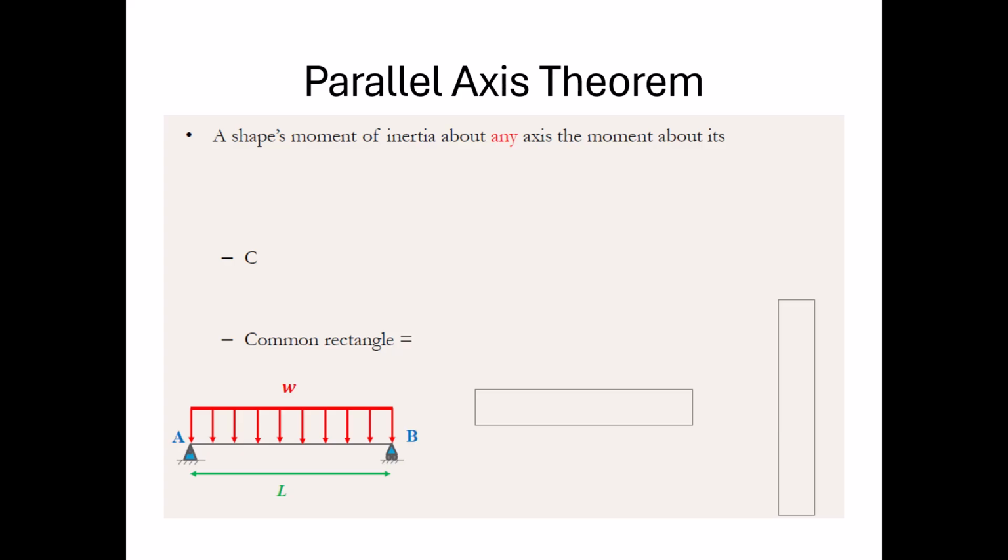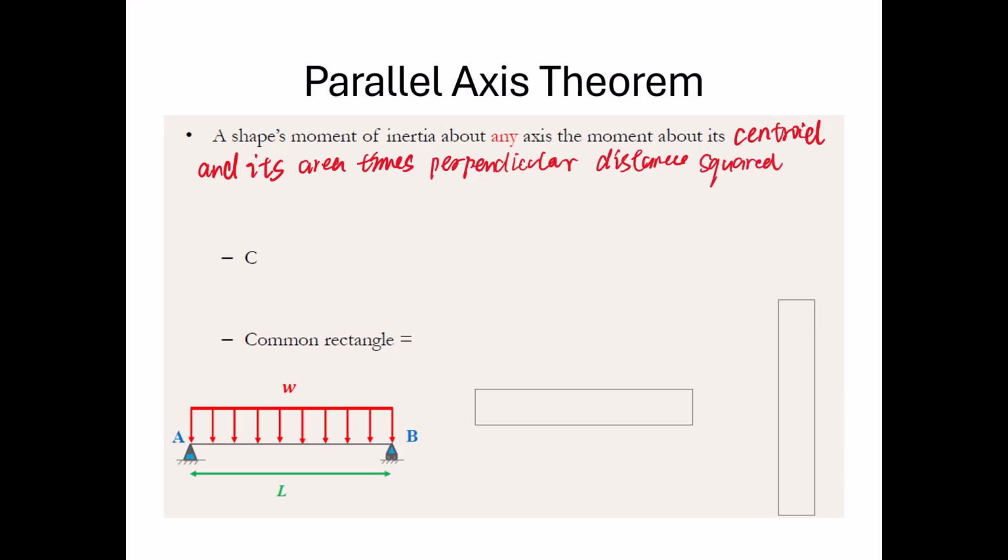It means a shape's moment of inertia about any axis equals the moment of inertia about its centroid plus its area times the perpendicular distance squared.